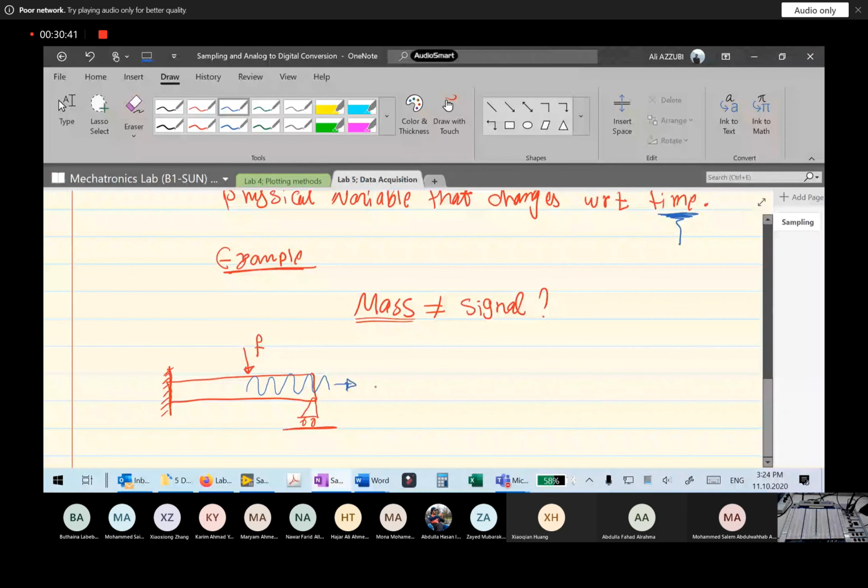Say I'm measuring displacement. You will have your displacement x, measured from this reference.